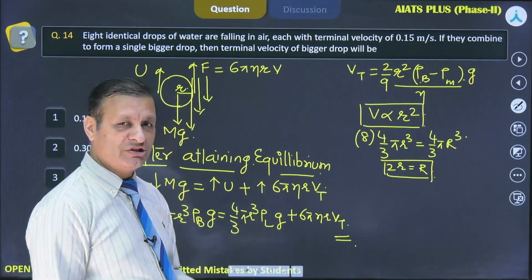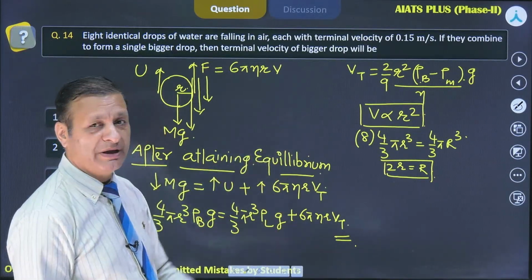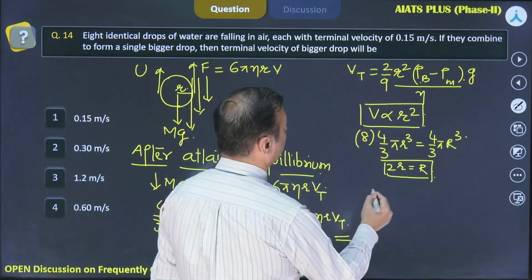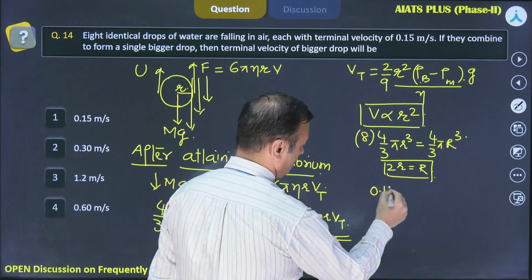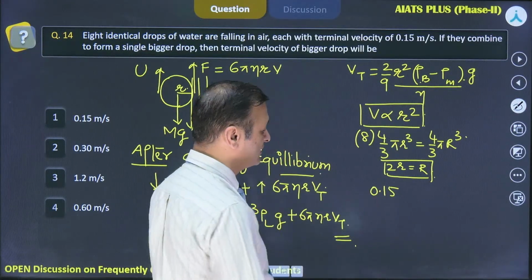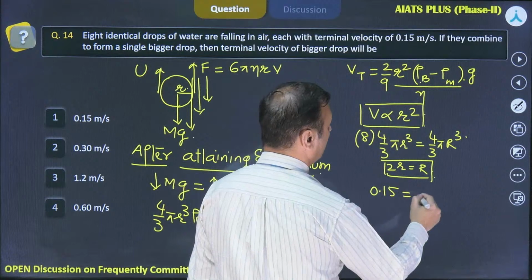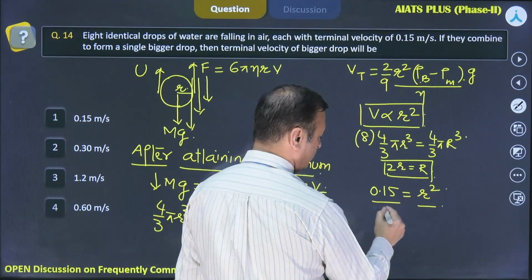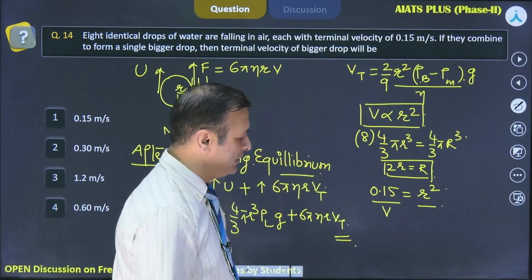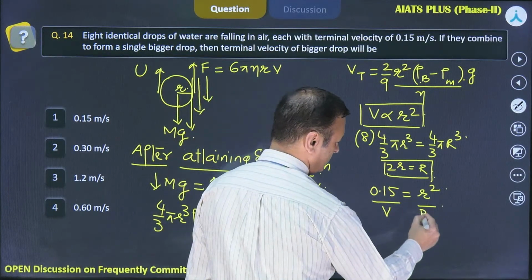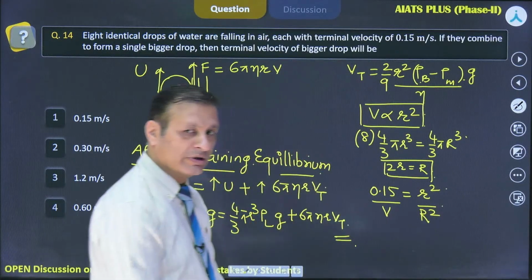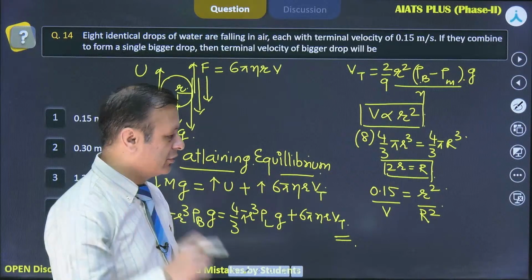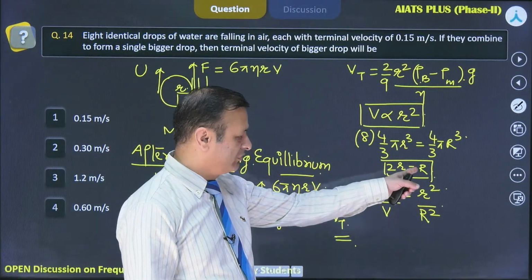Now, once we are here, we can compare just by comparing this expression. For the smaller drop, this is 0.15 meter per second, and this is the size of the smaller drop. For the bigger drop, your velocity becomes v, and this is capital R square, where capital R is the size of the bigger drop. Now just use this expression.